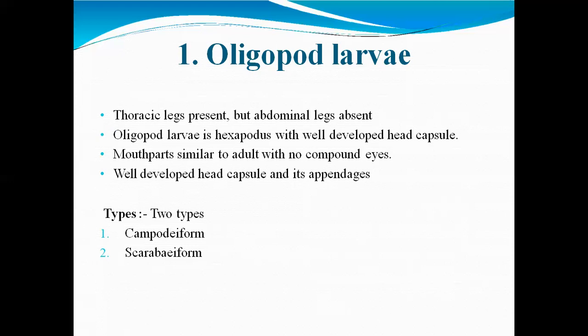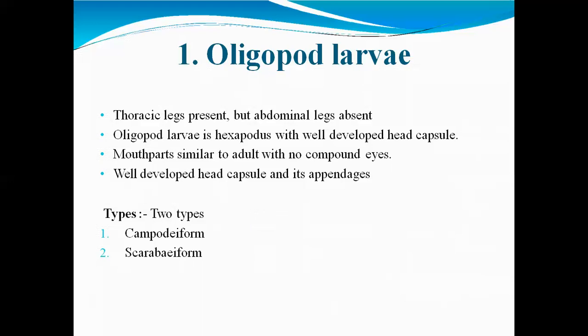So in oligopod larva, legs are present on the thoracic region, but abdominal legs are absent. In oligopod, legs are present only in the thoracic region, the second part of the insect body.